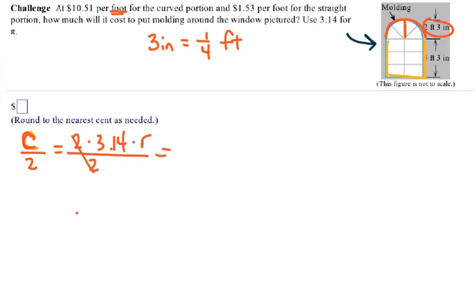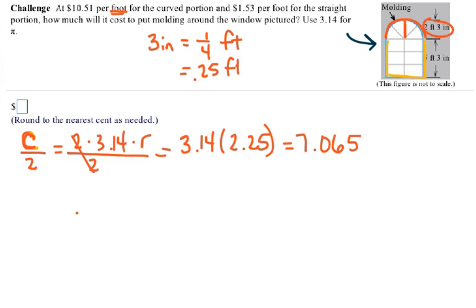So I'm going to convert that to a decimal and put 0.25 feet. So the radius of this circle is 2.25 feet. So I'm going to plug that in for R. And I get 7.065 feet. Okay, we're going to come back to that in a minute.